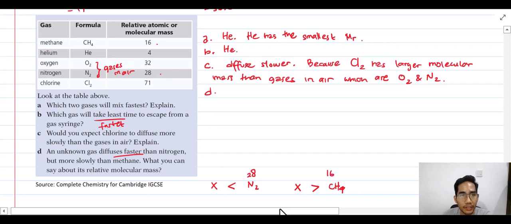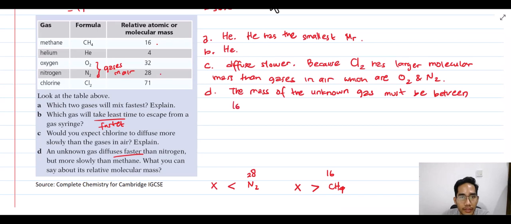So from this, we can conclude eventually that the mass of the unknown gas must be between 16 and 28.